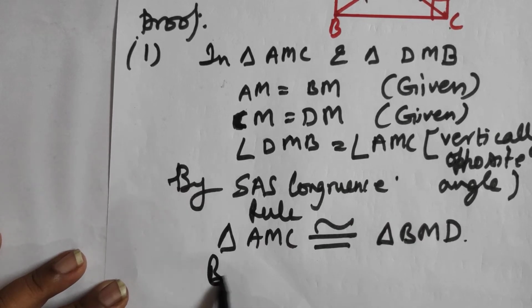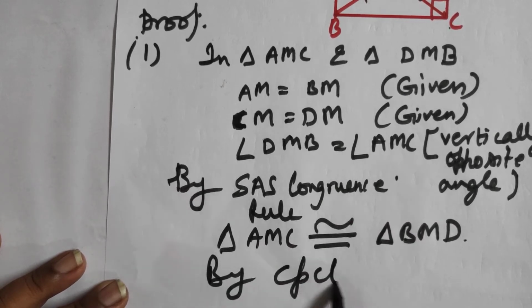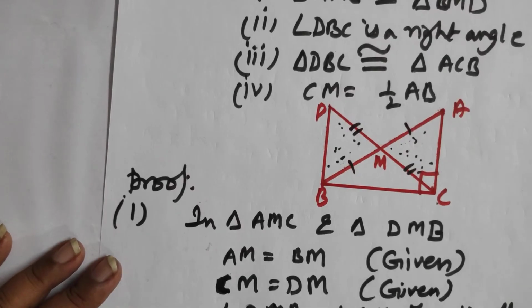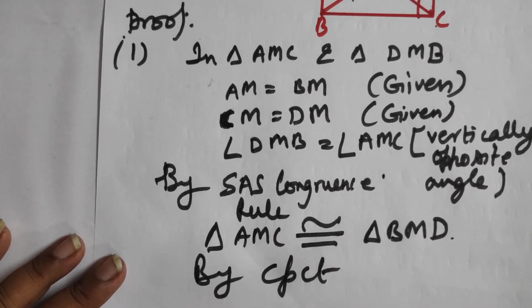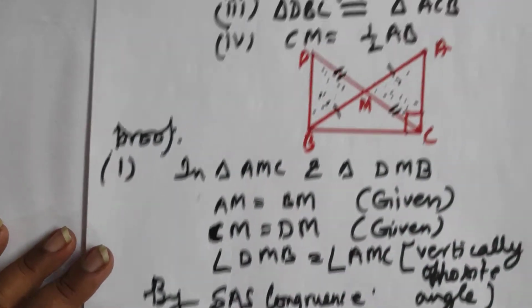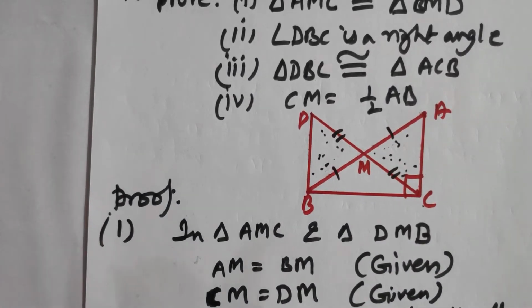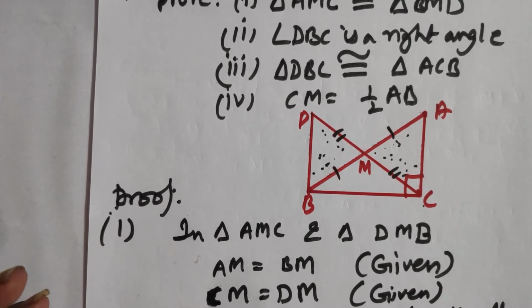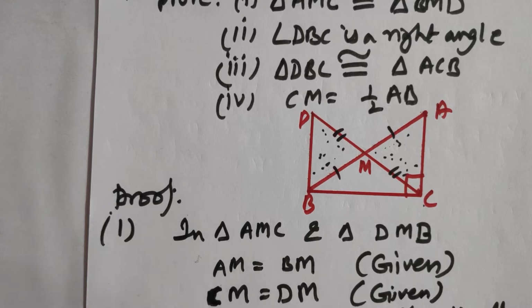Now what is important? By CPCT. What is CPCT? Corresponding parts of congruent triangles. See here, by CPCT what we are getting after proving these two triangles. When we prove two triangles are congruent to each other, then the other corresponding parts are also equal to each other for the given two triangles.